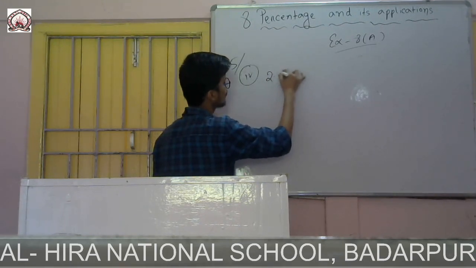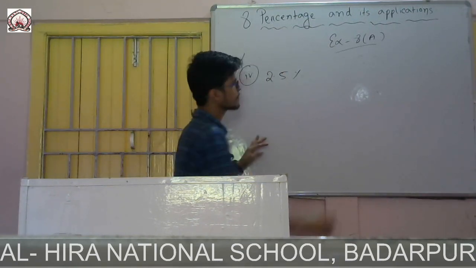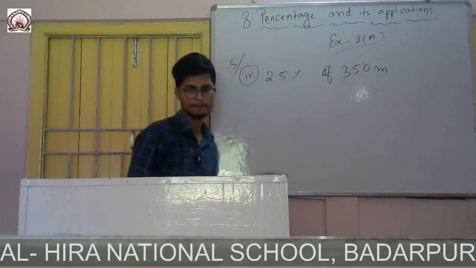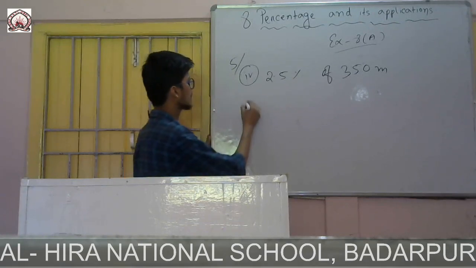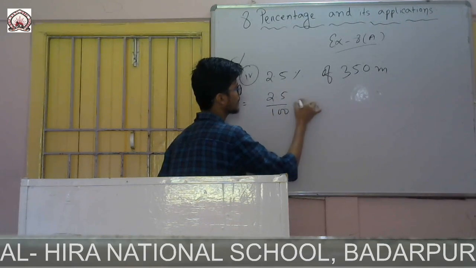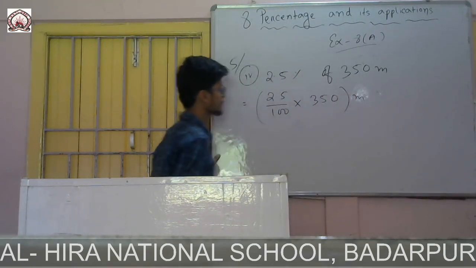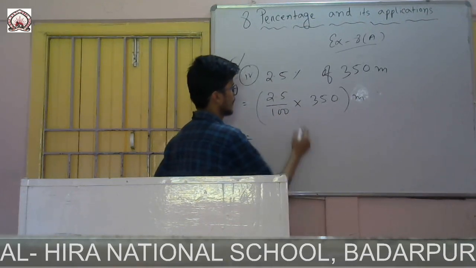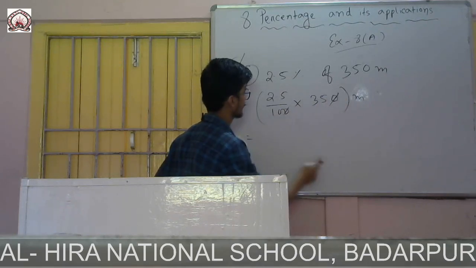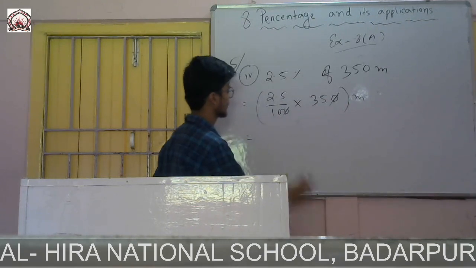Roman number 4, 2.5% of 350 meter. 2.5% means 2.5 by 100, of means into, and 350, and there you give meter. Okay, now I can cancel 1 0. They are left 2.5 and they are left 35. Okay, and they are also 10.